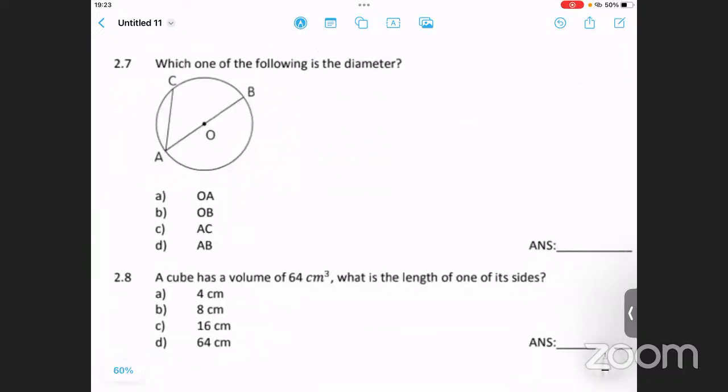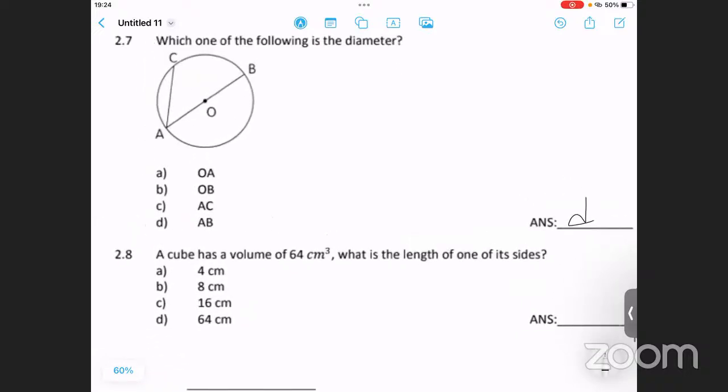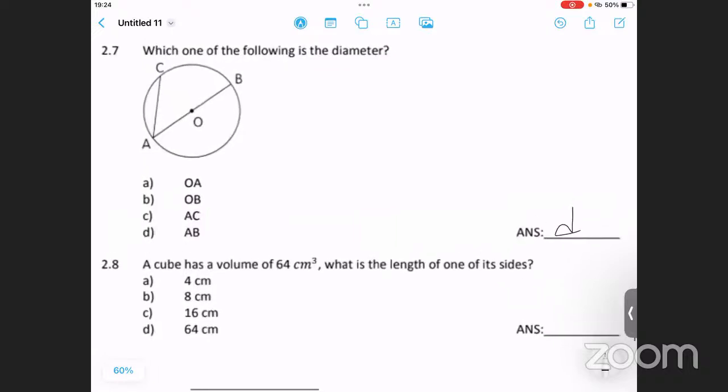Now let's go to 2.7. They say, which one of the following is a diameter? We have AO, OB, AC, AB. Which one is the diameter? AB. Perfect. So the answer is going to be D. Do you know how to define a diameter?